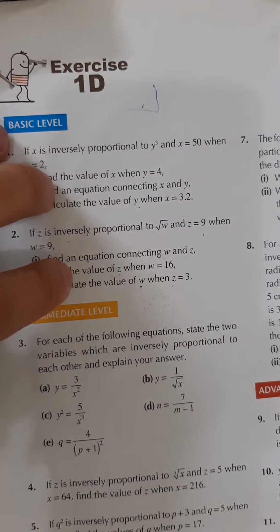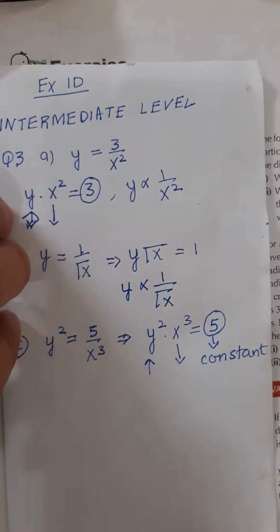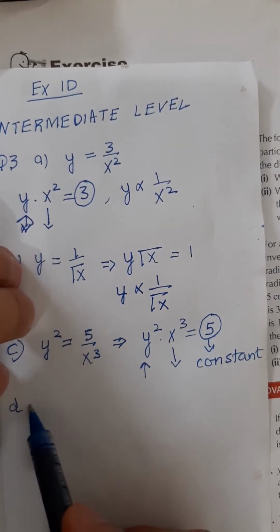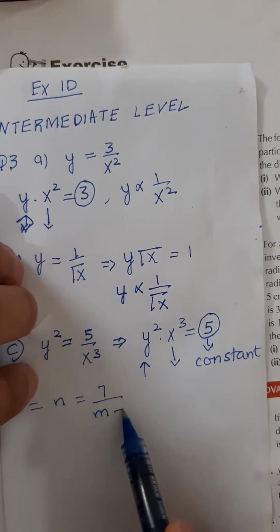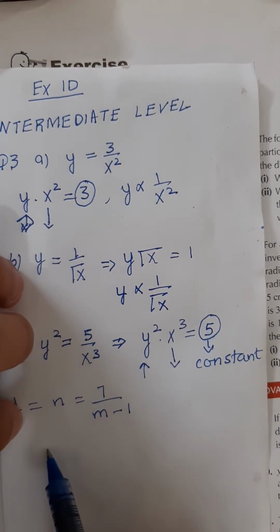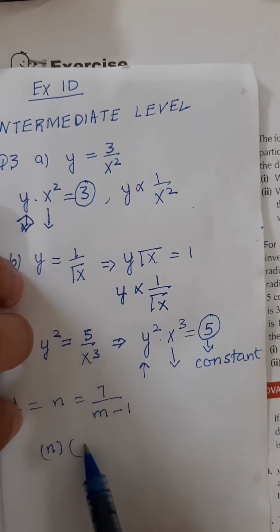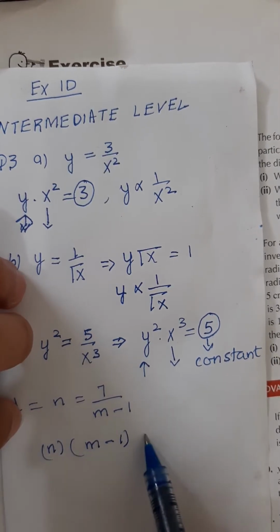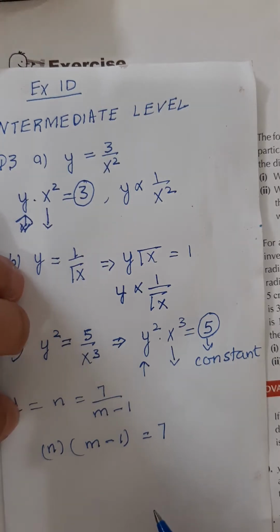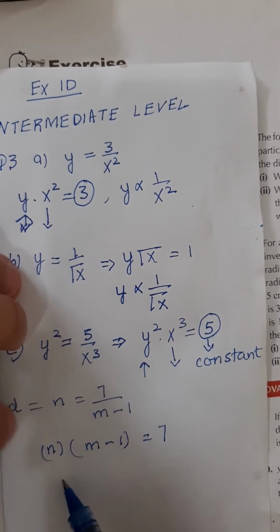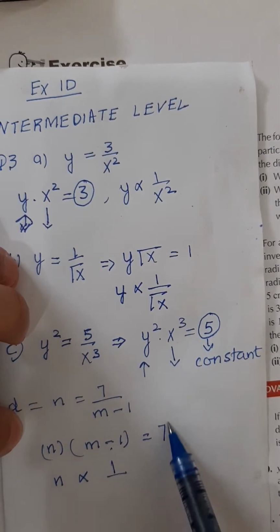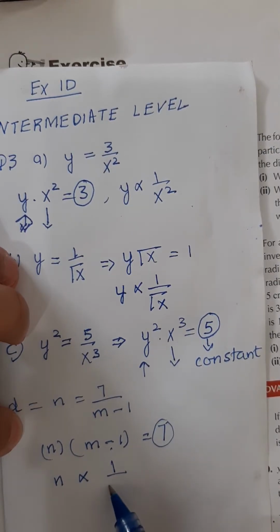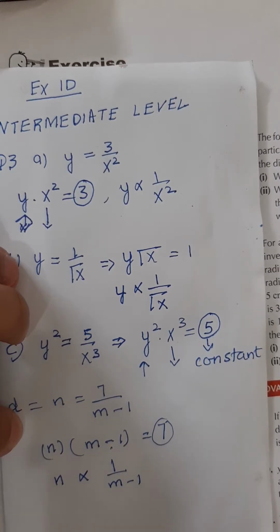Part D is n is equal to 7 over m minus 1. Now from here you can write it as n into m minus 1 is equal to 7. Because the product of n and m minus 1 is a constant, hence n and m minus 1 are inversely proportional.